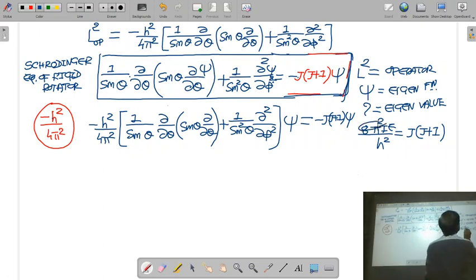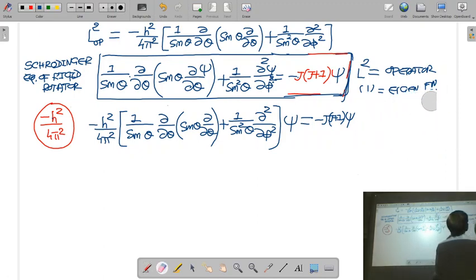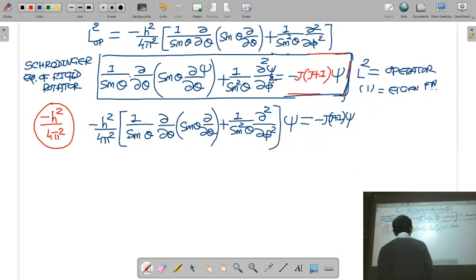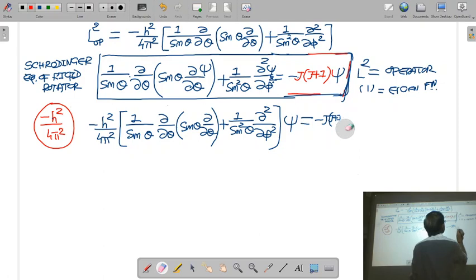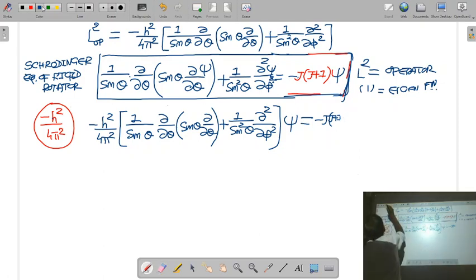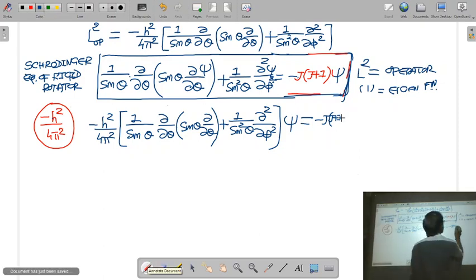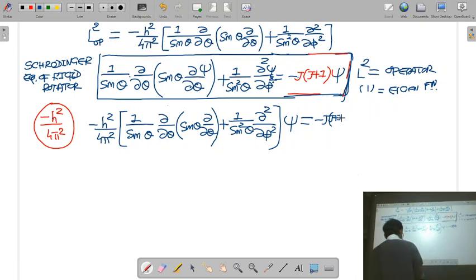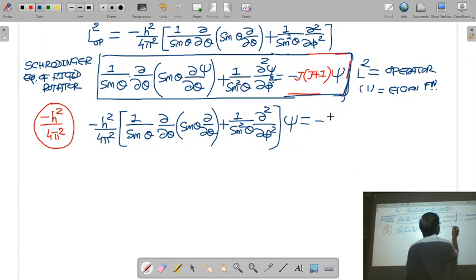The right hand side is also multiplied with minus j into j plus 1.